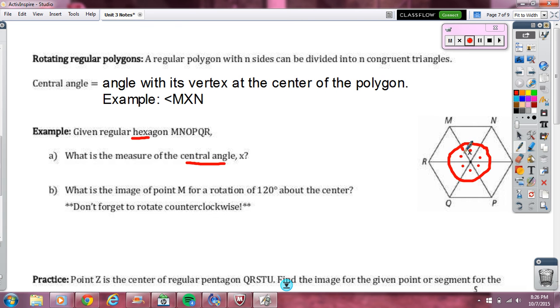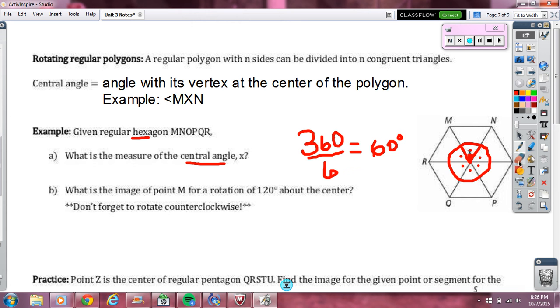To figure out how many degrees are in just one of my little pie slices, my central angle, I take 360 and divide it into my 6 pieces. I come out with 60 degrees.